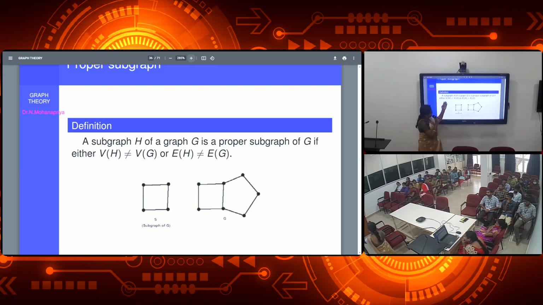So the vertex set of H is not equal to the vertex set of G, and also I have considered only the 4 edges, but in the original graph we have how many edges? 8 edges. So the condition is satisfied. So we can say this is a proper subgraph.